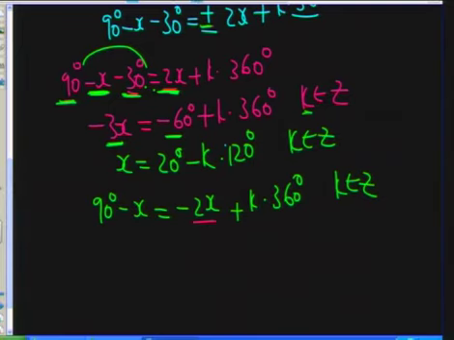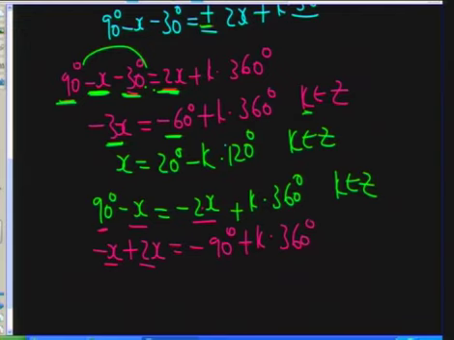I have minus 2x and x. I move this side, so you have minus x. This becomes positive x. I move the 90, it's minus 90 plus k 360. Then I add the 2, then x equals to minus 90 plus k 360. Great, guys.